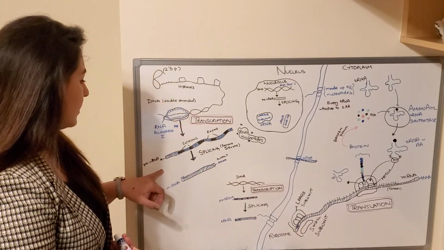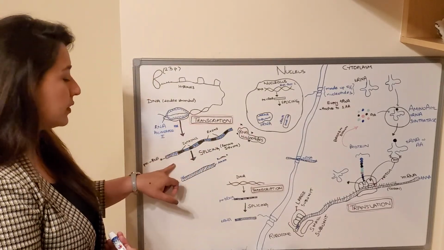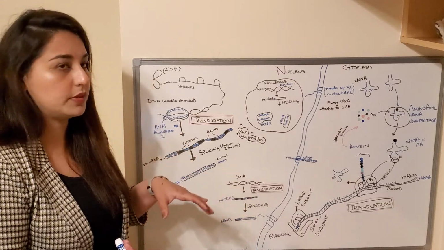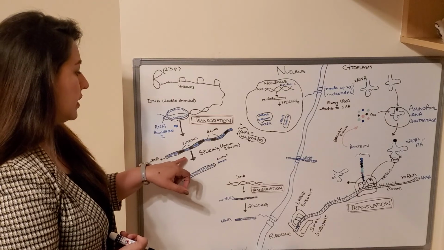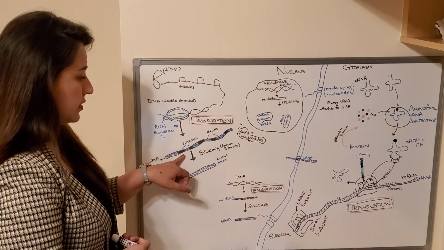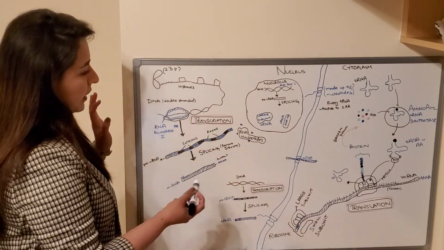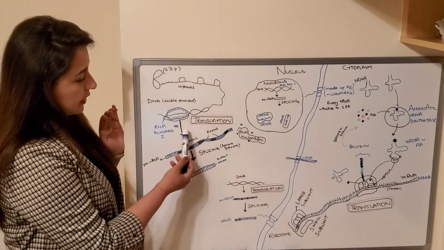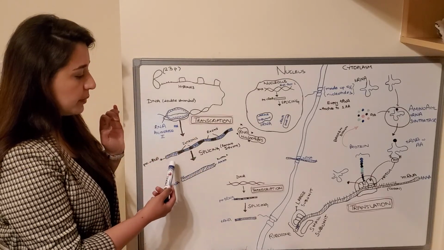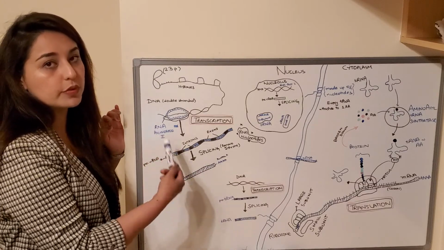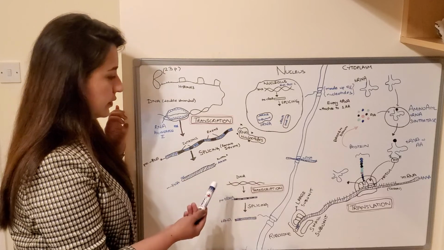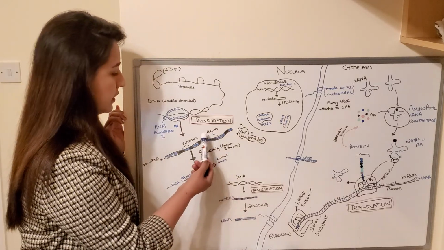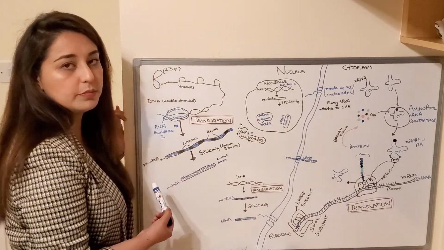Now what we have here is the mRNA, but it's not the mRNA that would make the protein. It's the pre-mRNA. It's at a stage where it has different regions called introns and exons. Introns are the regions in the mRNA that don't code for amino acids, so we don't need these introns in our messenger RNA.